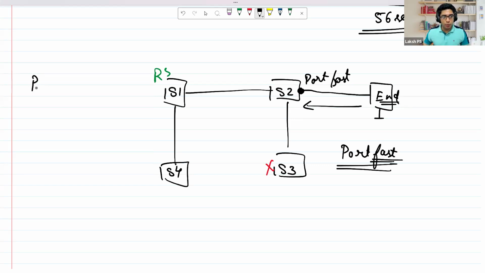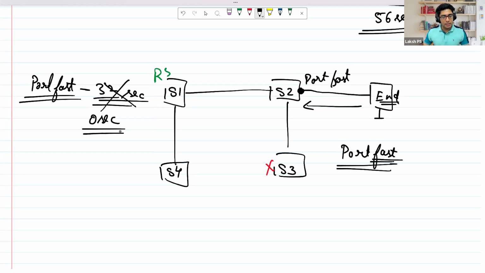So interview question: what is port fast? What is a port fast interface? A port fast interface is an interface on a switch that is connected to an end device. The speciality or the feature of port fast is that it does not wait for that 32 seconds.